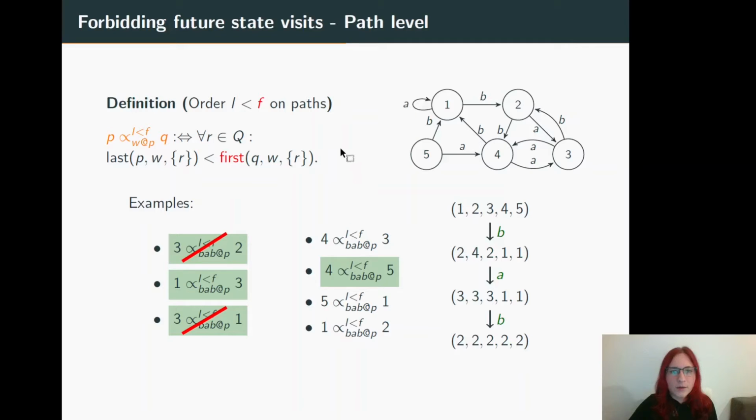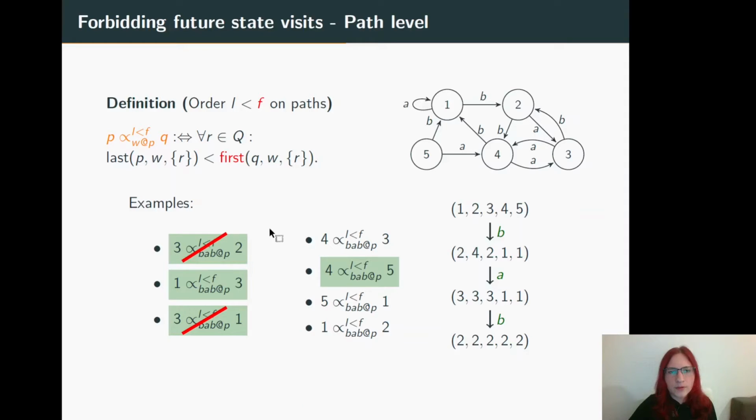And this order we will only consider on paths, since if we would consider it also on sets, then already in the initial configuration where the whole state set is active, we would violate any pair, so no pair of states would be related. So again, let's consider some example and look at what is different now than with the orders before.